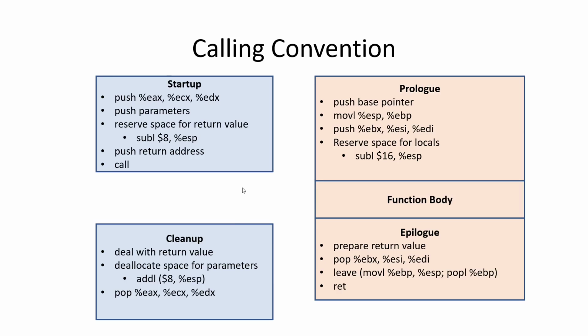By adding, that's going to move the stack pointer down and reclaim that memory. And then finally, if we're going to be using the EAX, ECX, or EDX registers, we need to go ahead and restore them to whatever they had been. Again, we haven't seen an example complicated enough for this yet. Maybe in the near future we'll run across one.